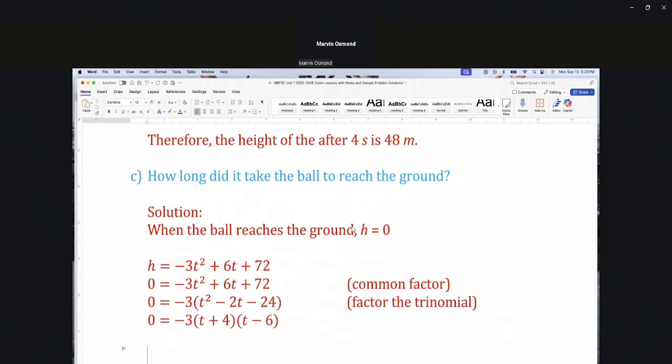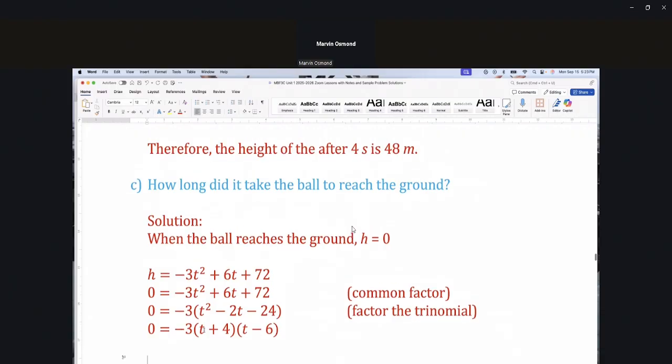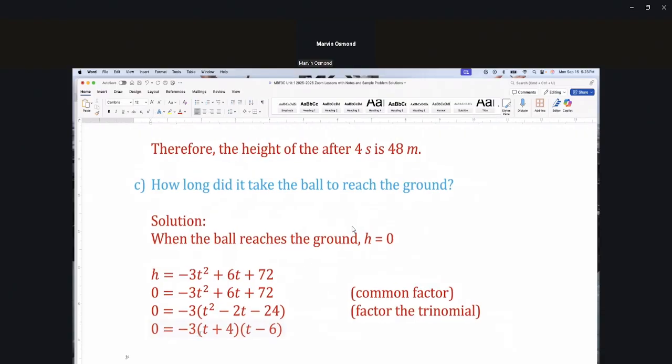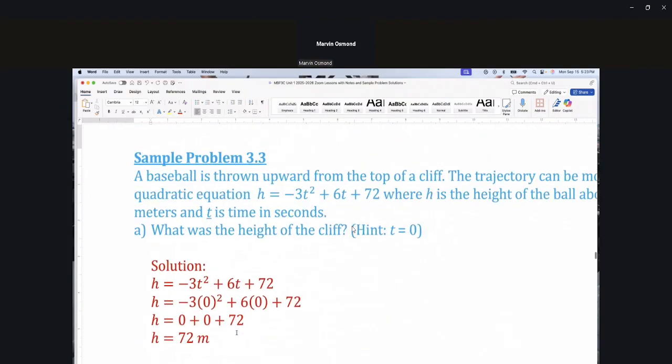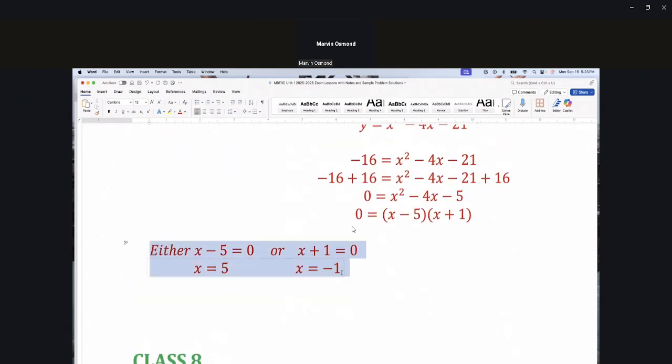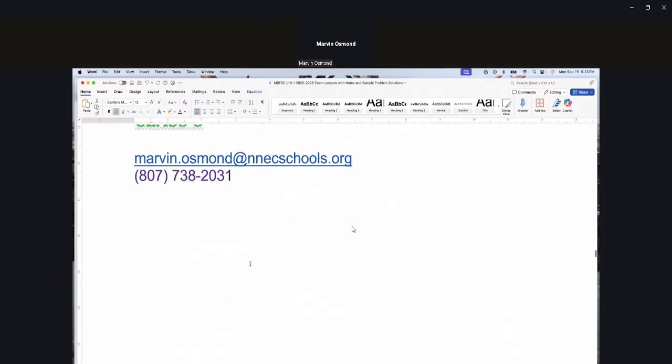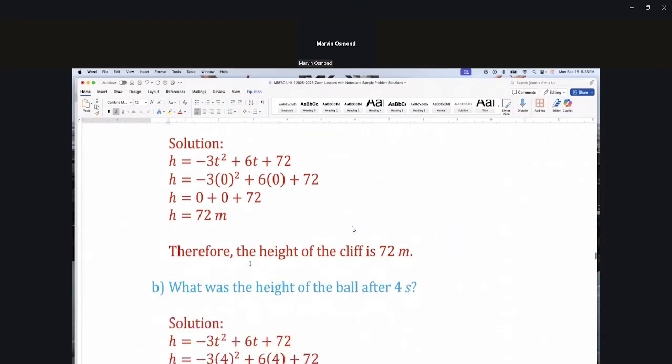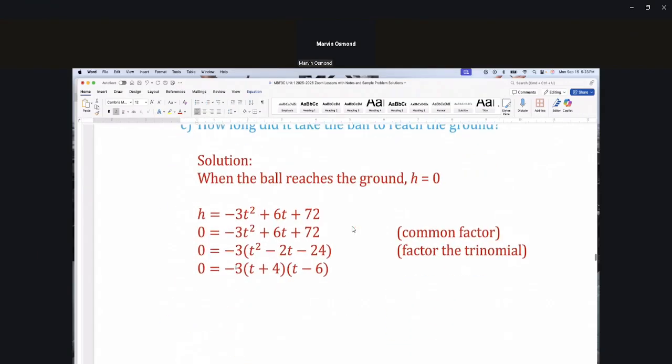If we multiply -3 times t plus 4 times t minus 6, and the answer is 0, then don't forget from problems we worked on last week, that means that either one or the other has to be 0. Because the only way to get a 0 answer when we multiply is if one of the two numbers is actually 0.